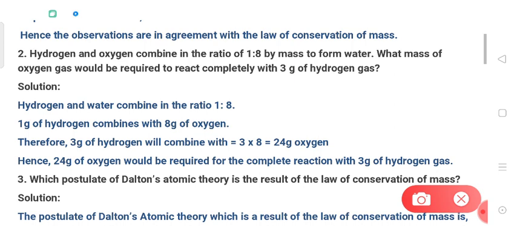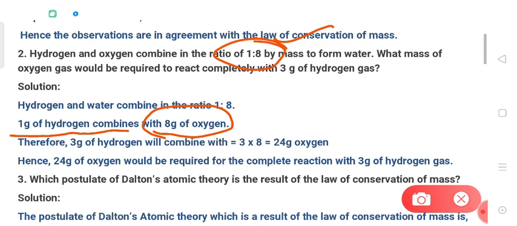So as we know what is given, that when hydrogen and oxygen combine to form water, they always combine in a ratio of 1:8 by mass. That means 1 gram of hydrogen combines with 8 gram of oxygen.